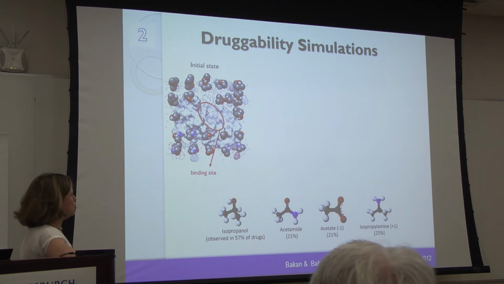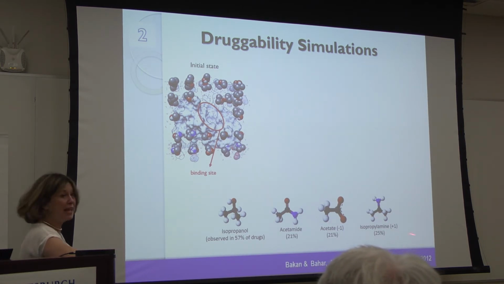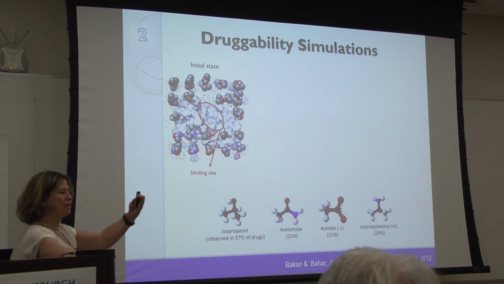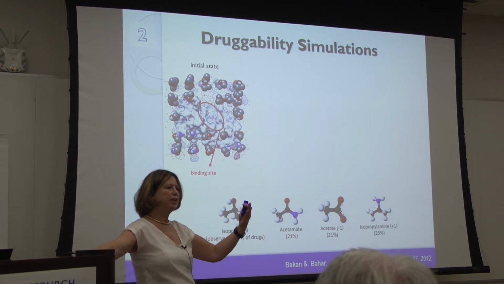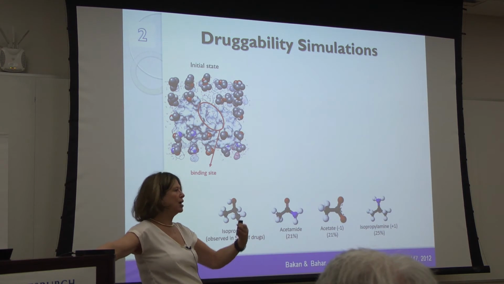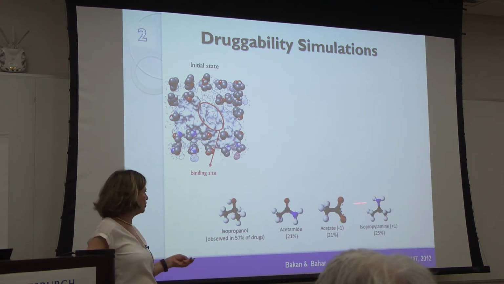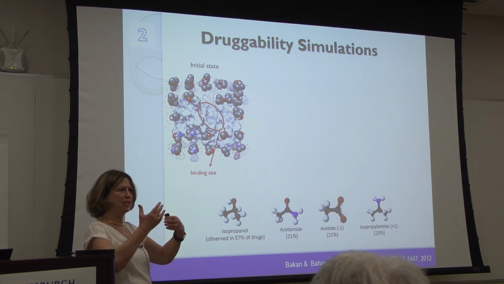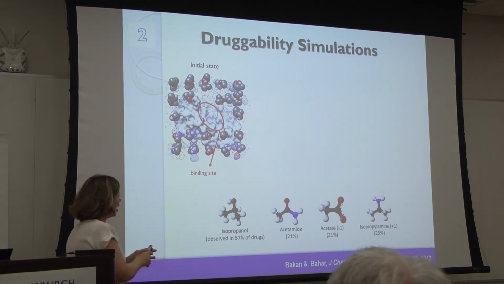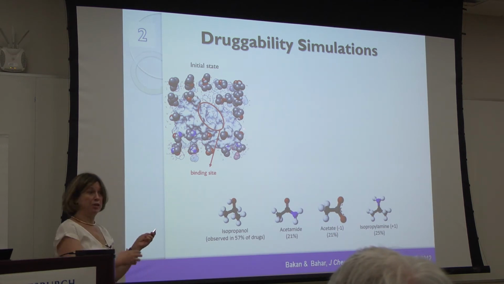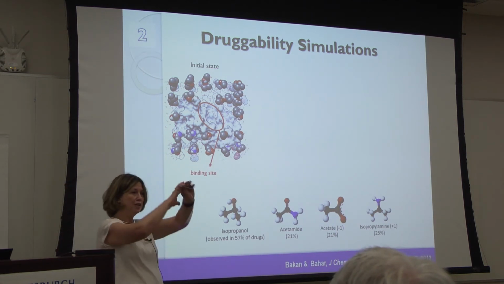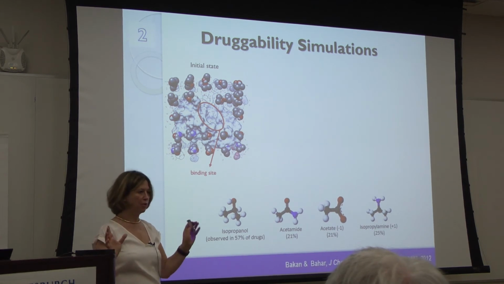Now, how did we choose the probe molecules? Basically, these are the 4 probe molecules which, at least in the original study, were based on the examination of all FDA-approved drugs and trying to see which functional groups are the most common. So these turn out to be very common in terms of statistics. So the idea is I'm going to do simulations of my protein in a solution that contains those probe molecules.